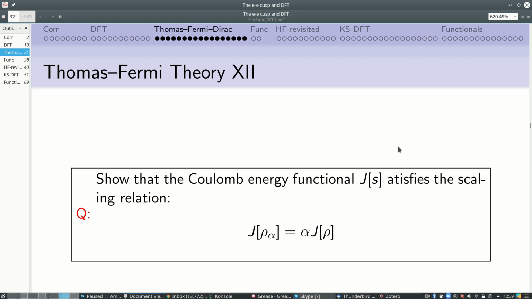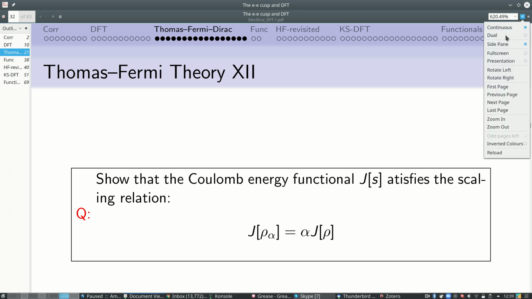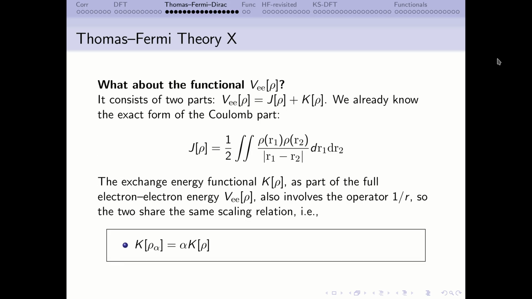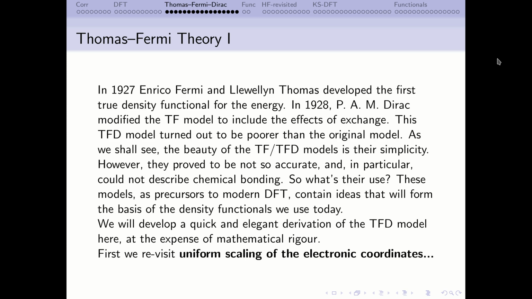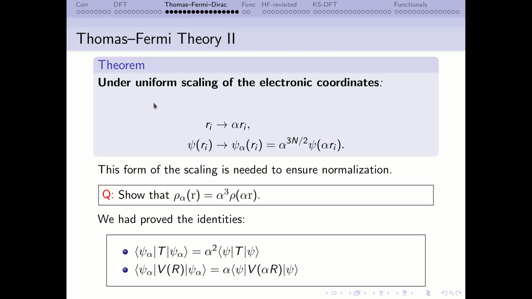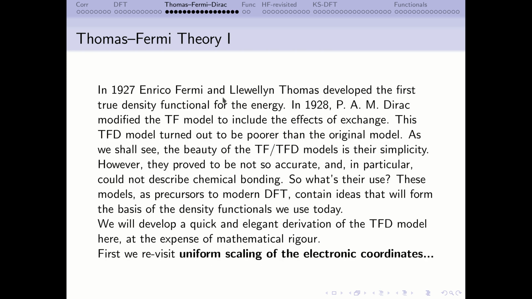So let's go backwards and let's just start the slides into presentation mode and go back. Alright, so here we are. So this is now 1927 when Enrico Fermi and Thomas, I can never pronounce his name, I'm not going to try it, I think he's Welsh, derived the first true density functional.